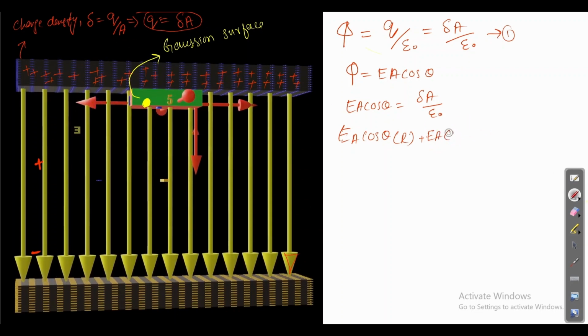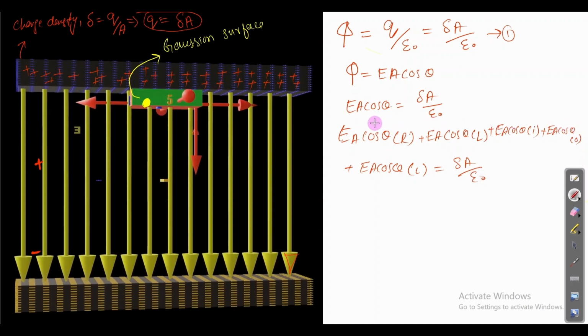EA cos theta inward to the screen, EA cos theta outward from the screen, plus EA cos theta at the lower side of this box, which is equal to sigma A divided by epsilon naught.